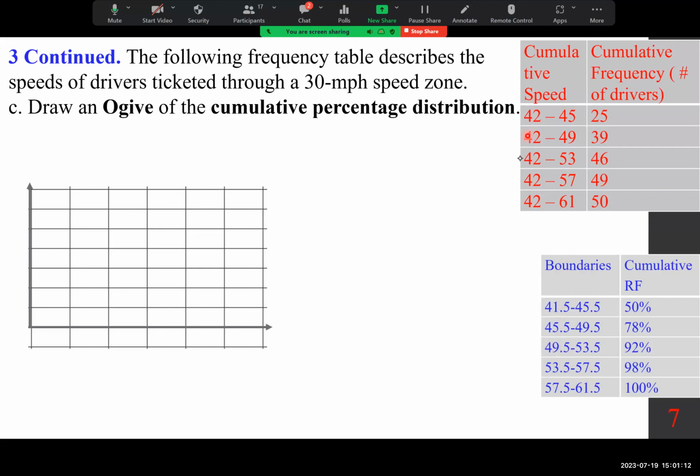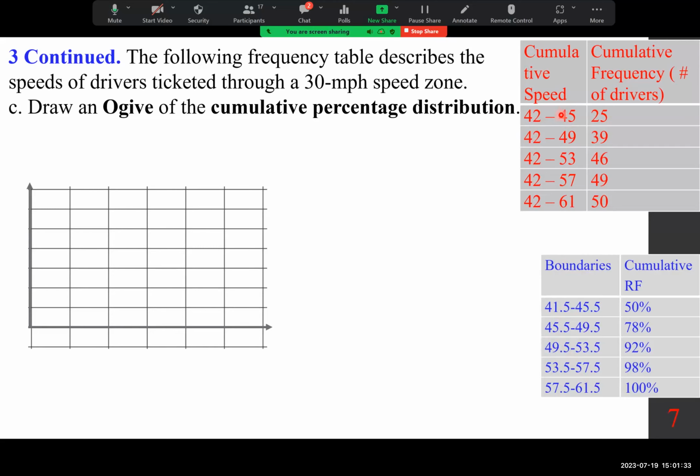Or simply put, if you go back to the previous page, it started with 46 here. I hope you remember that, not the cumulative one, the frequency distribution table.